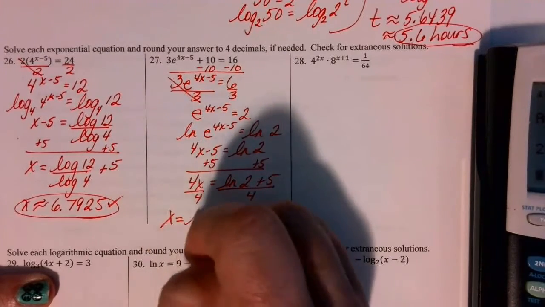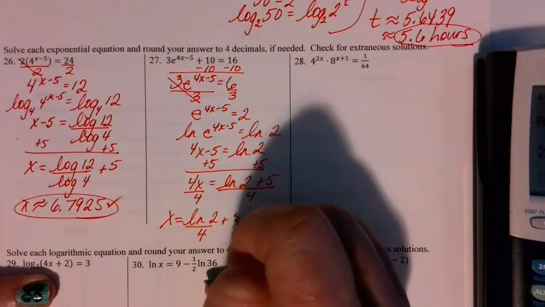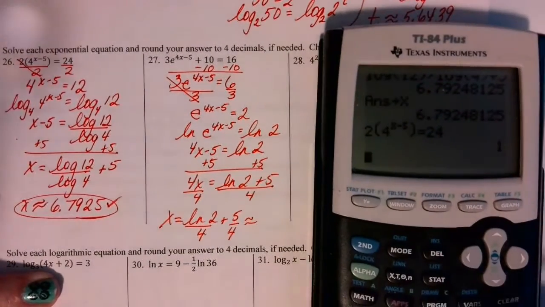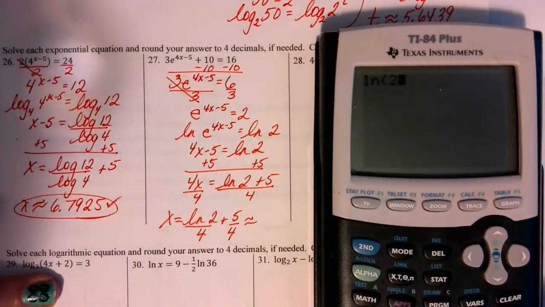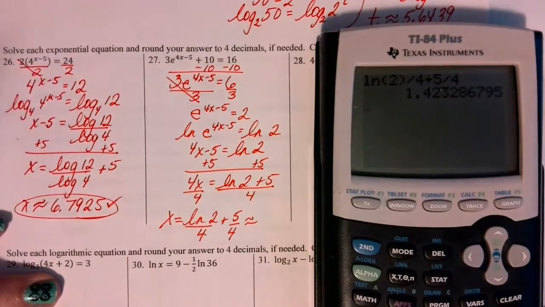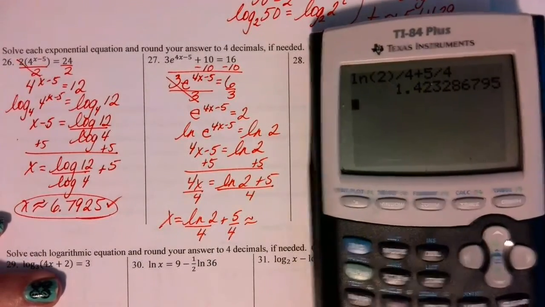So x is equal to the natural log of 2 over 4 plus 5 over 4, which we can evaluate in the calculator. So natural log of 2 divided by 4 plus 5 divided by 4 is approximately 1.4233.